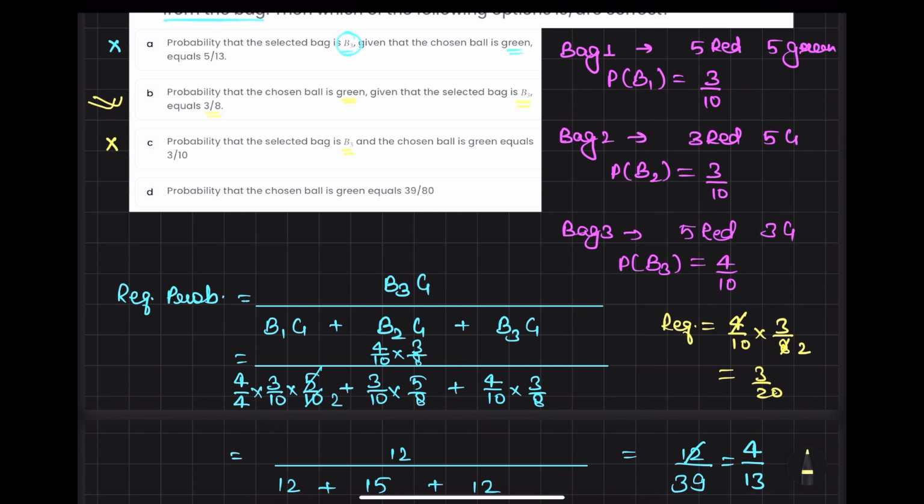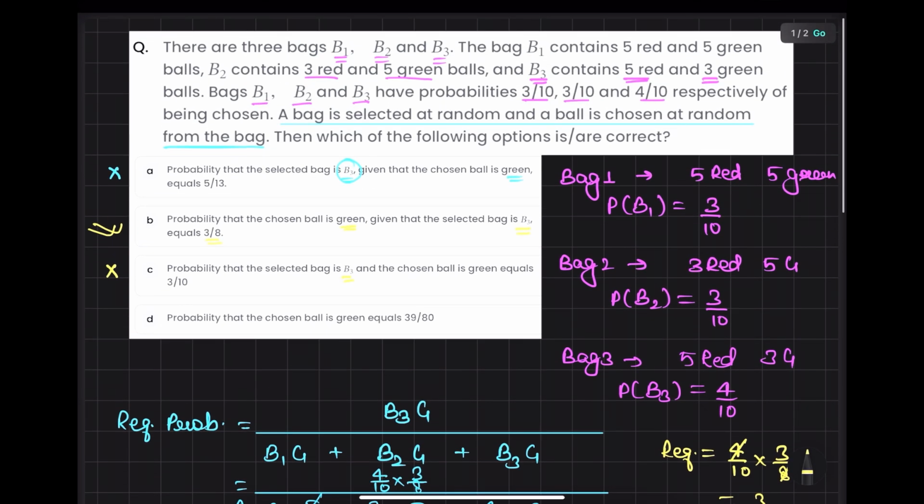Now we have one more option, D. In option D it is given the probability that the chosen ball is green, so you have to choose a green ball. You kept on going and you stopped, you are not coming back.